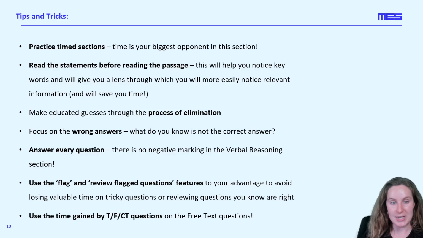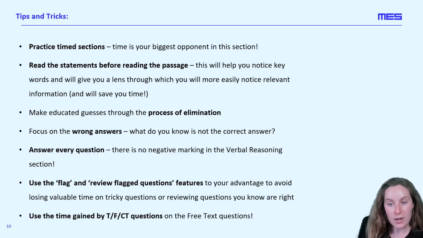Answer every question as I said, and then use the flag and review flagged question features to your advantage to avoid losing valuable time on tricky questions and reviewing questions you know are right. So there is an option at the bottom of your page on the UCAT where you can flag a certain question to come back to, and then you can move on to the next question.